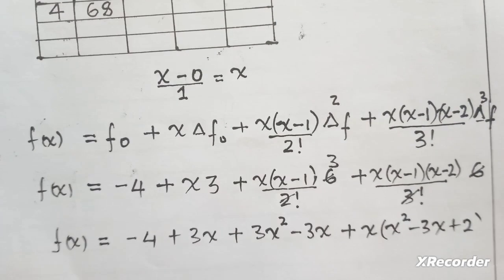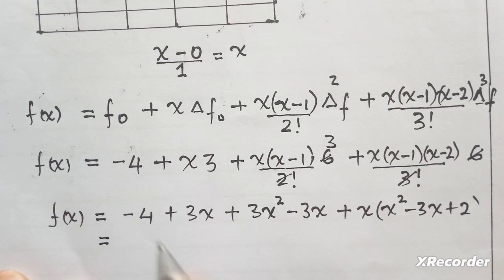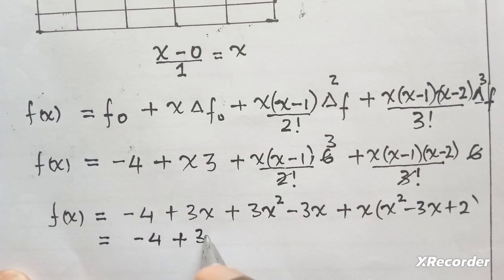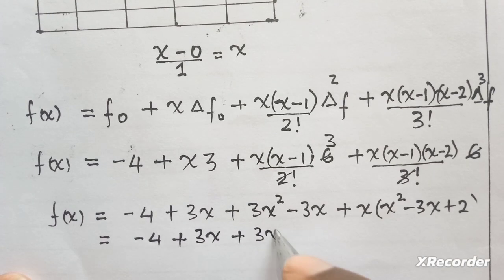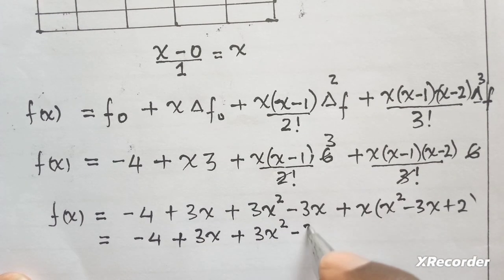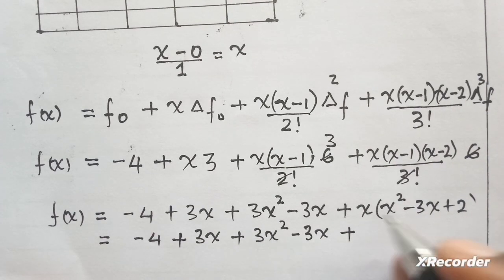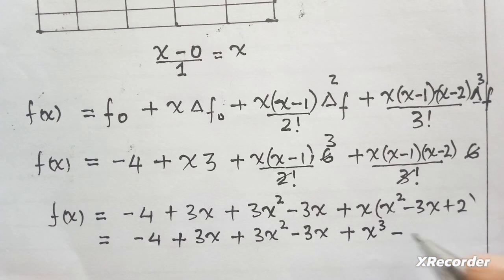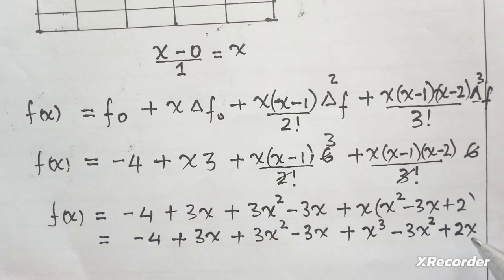So finally, guys, we shall have minus 4 plus 3x plus 3x squared minus 3x plus x cubed minus 3x squared plus 2x, like that.